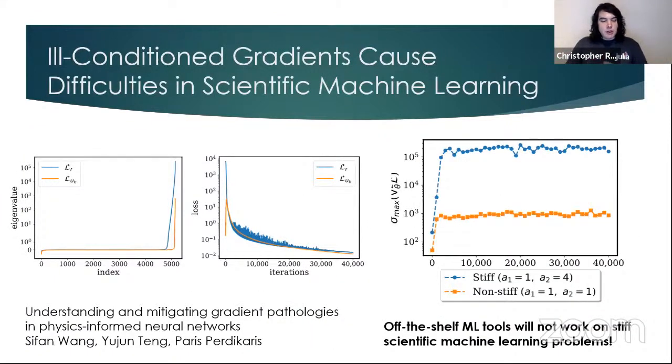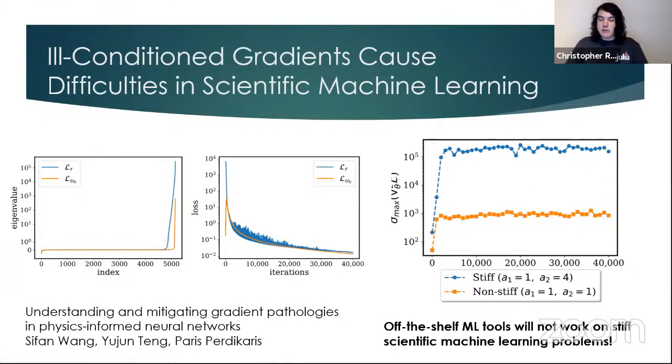So a lot of researchers have been demonstrating that ill-conditioned gradients can cause a lot of difficulties in scientific machine learning, specifically if you have stiff equations. The gradients that you have, or the Hessians of the optimization system, can have very high condition numbers. And you can demonstrate that these condition numbers scale with the stiffness of your equation.